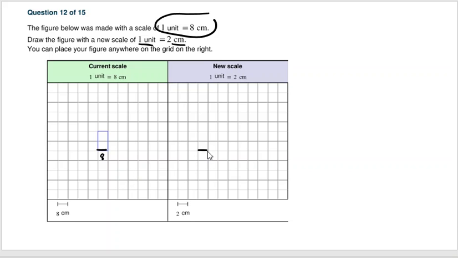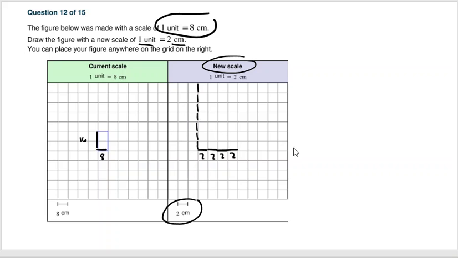So we're going to have to do 2, 4, 6, 8. Okay, and the height of this one is going to be 16. So that means the height of our new figure needs to also be 16, but 1 unit only equals 2 using our new scale. So 2, 4, 6, 8, 10, 12, 14.